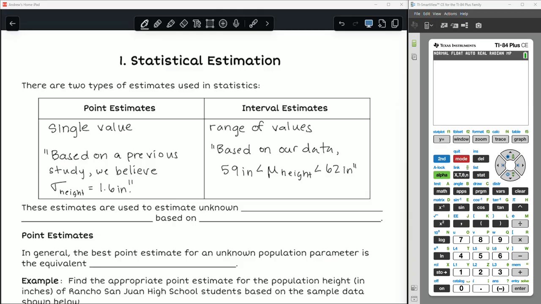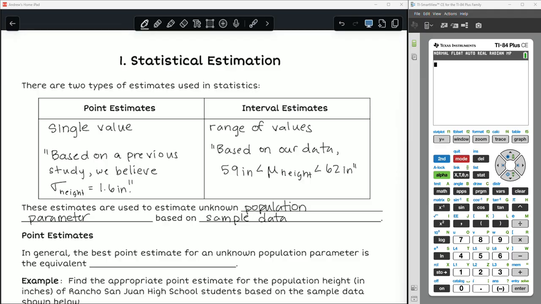So these estimates are used to estimate an unknown population parameter using sample data. And this is one of two ways that we do inferential statistics. The first is we use sample data to estimate an unknown population parameter.